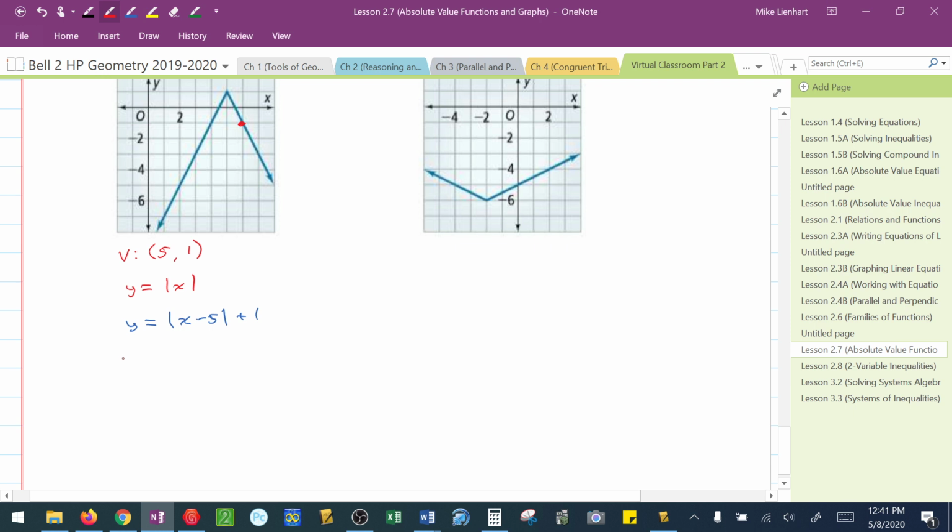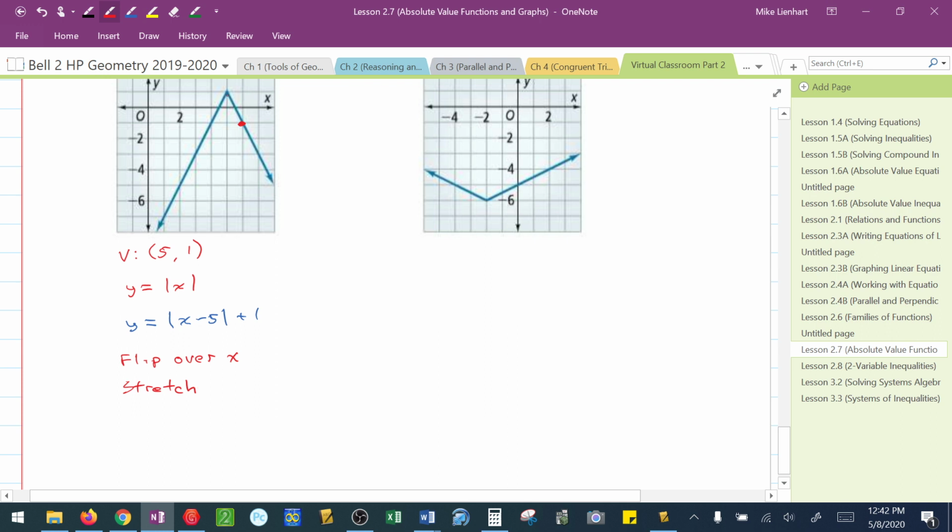So there's a couple other observations that I'm noticing here. Number 1 is this is a flip over x. So a flip over x means I'm going to put a negative in front. I also know that this graph is getting skinnier from the parent. So if it's getting skinnier, that's a stretch.